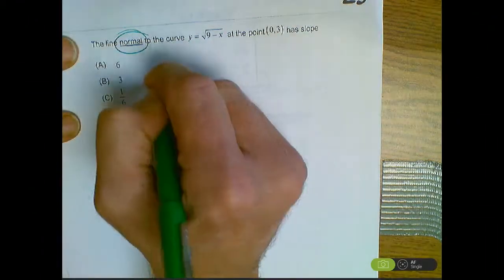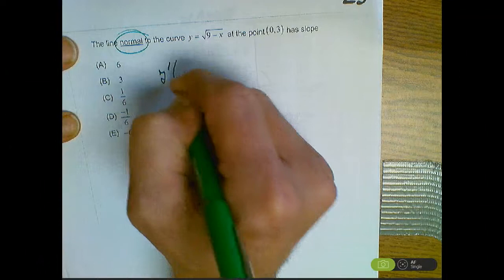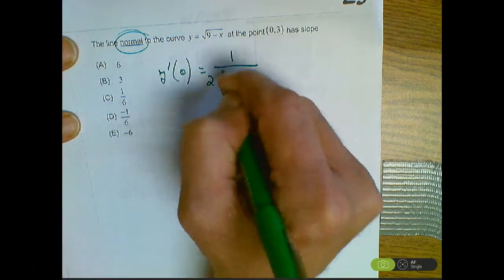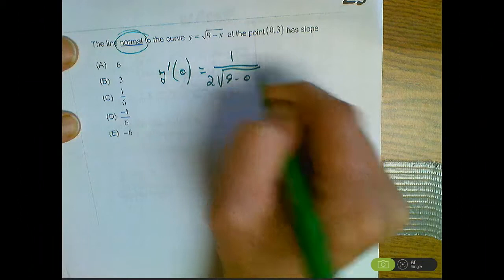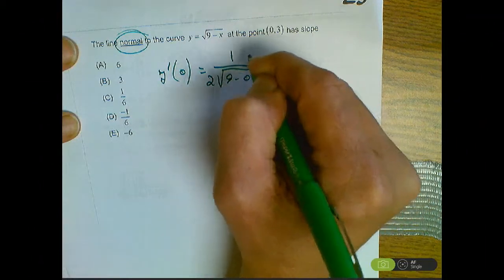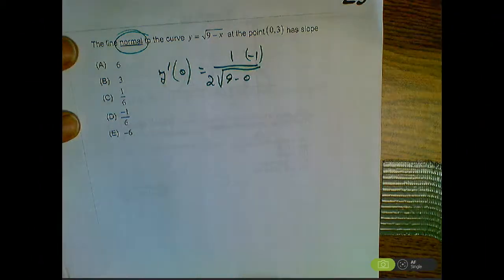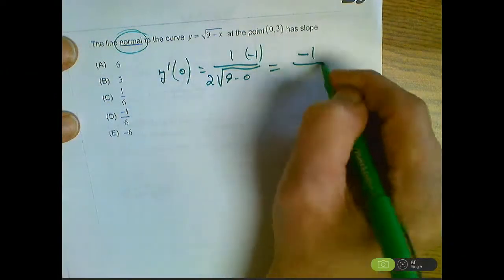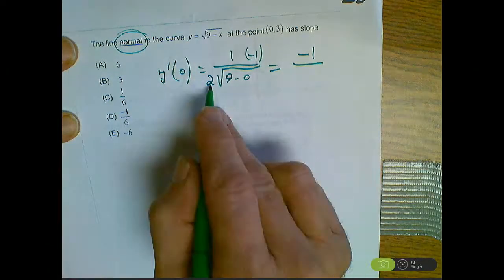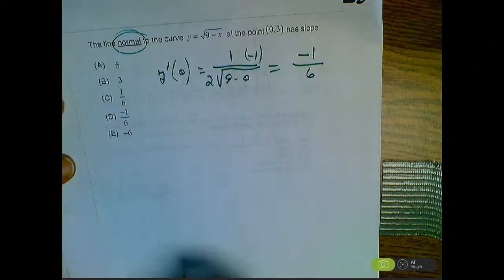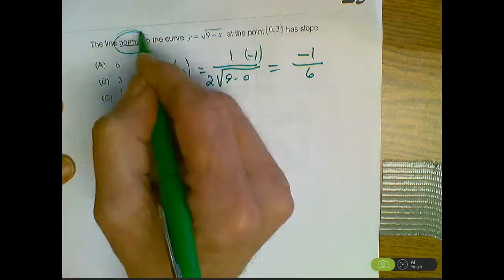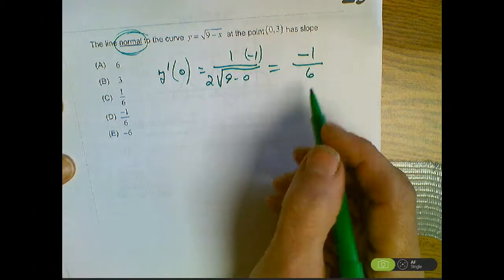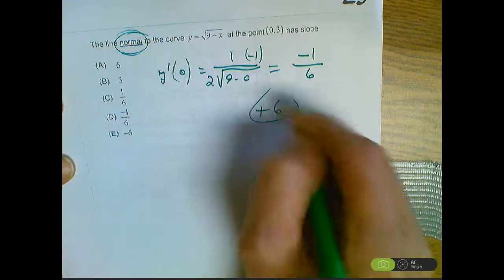So take the derivative. y prime at 0 is equal to 1 over 2 square root of 9 minus 0 times the derivative of the inside, negative 1. This is a negative number, and it's 2 times the square root of 9, which gives us 6 downstairs. Now it says the line normal, so we've got to take the opposite reciprocal. So it's going to be a plus 6 is what we're looking for.